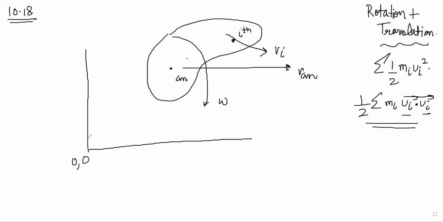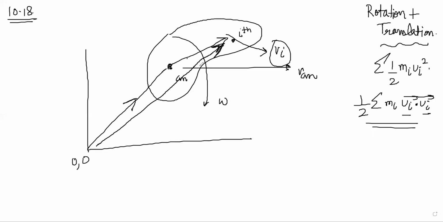So how do we do it? What we do here is we write the vi vector in terms of the VCM and this vector. You can say that the Ri vector is this, and this is my RCM vector. And this is position with respect to the center of mass.